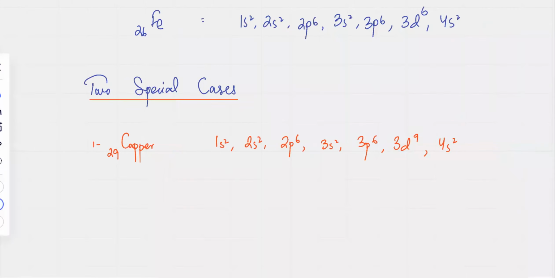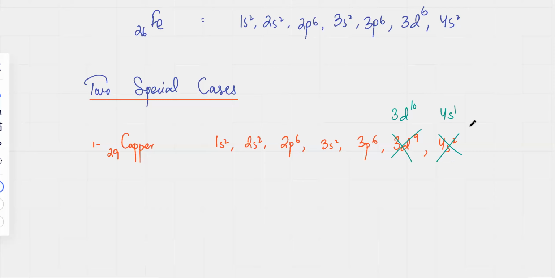Now the difference is that the electronic configuration is not this for copper. There's a slight difference: instead of 3d9, it's actually 3d10. There are 10 electrons in the d subshell. Instead of there being 2 electrons in the 4s, there's actually just 1 electron in the 4s. So that's the actual electronic configuration of copper, which you have to remember.